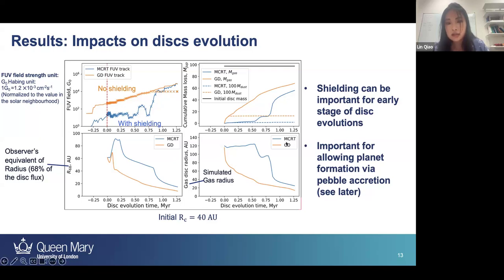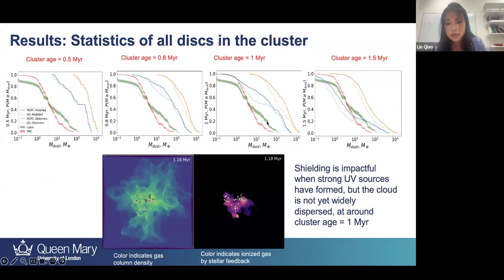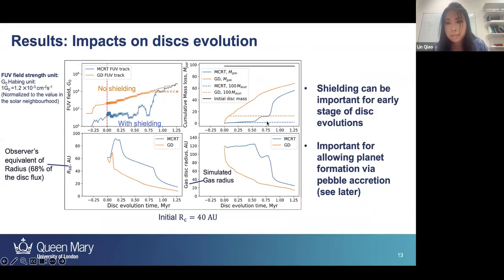And you can see that while the disk is shielded, it is protected from high mass loss rates and rapid disk truncation before the cloud disperses, then exposing the disk to strong levels of radiation.